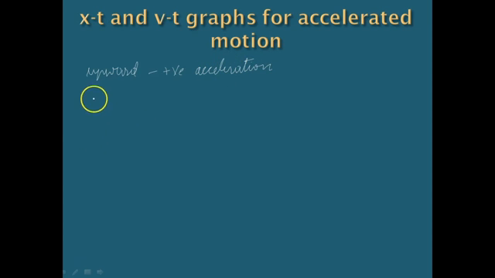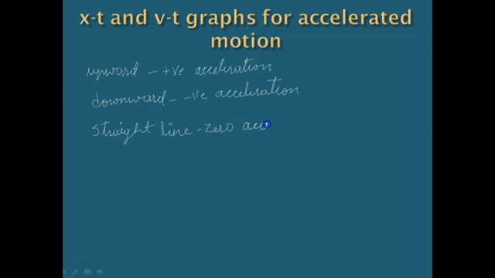If they are downward, then they represent negative acceleration. If it is a straight line, then they represent zero acceleration. Okay.